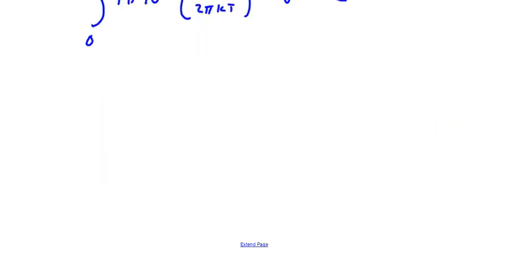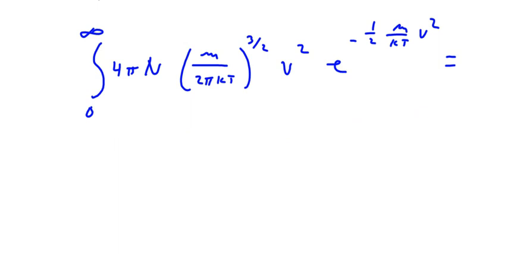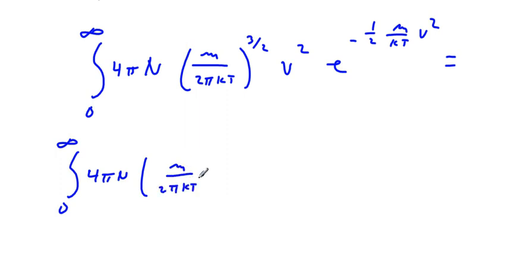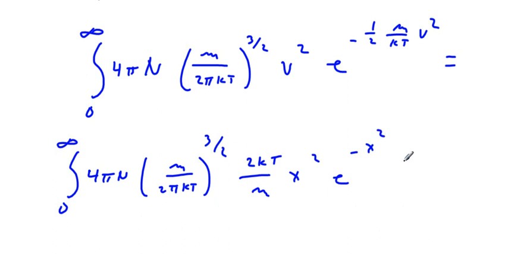Now I'm going to do a change of variable on him, and I'm going to end up with the integral from 0 to infinity of 4 pi N times m over 2 pi kT to the 3 halves, times 2kT over m, x squared, e to the minus x squared, times the square root of 2kT over m, dx.